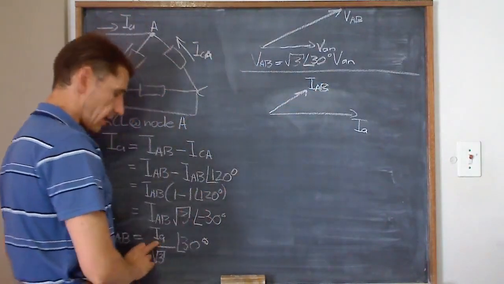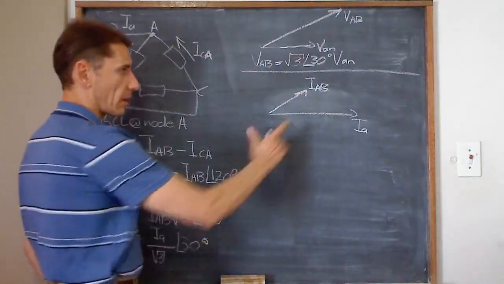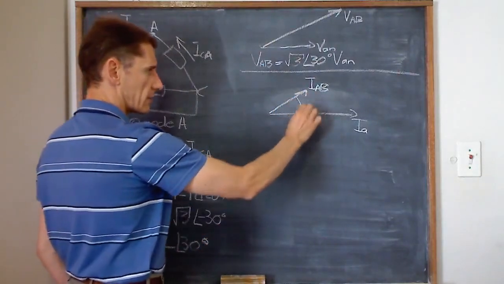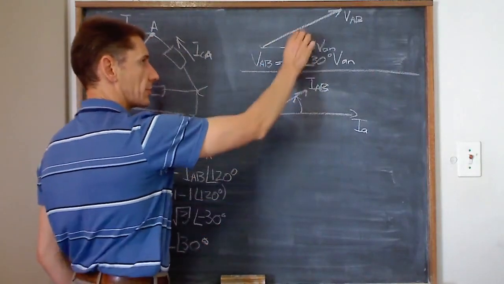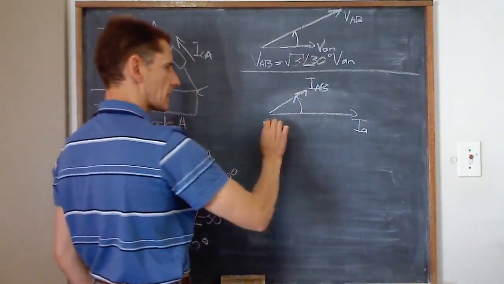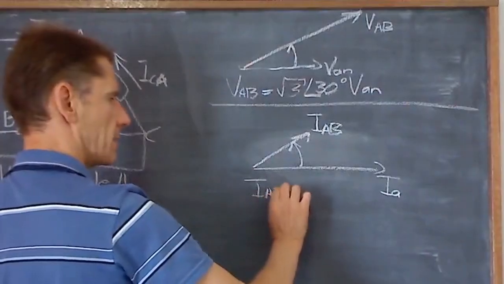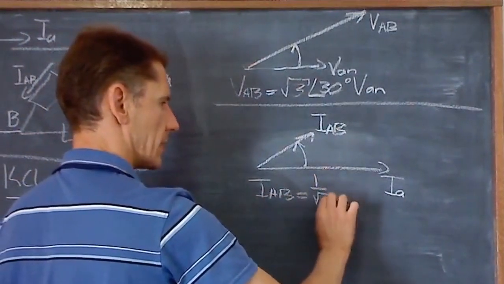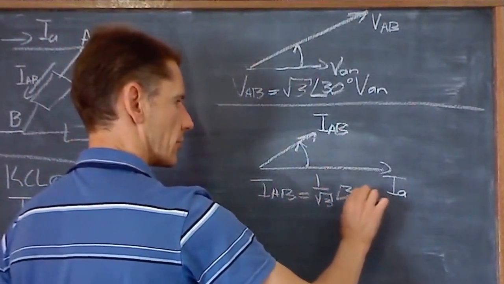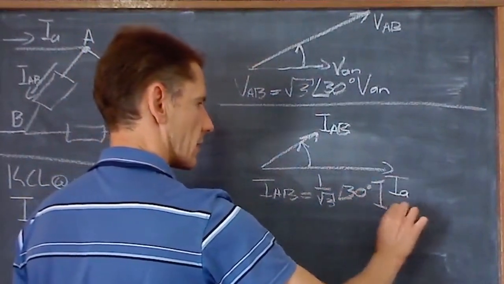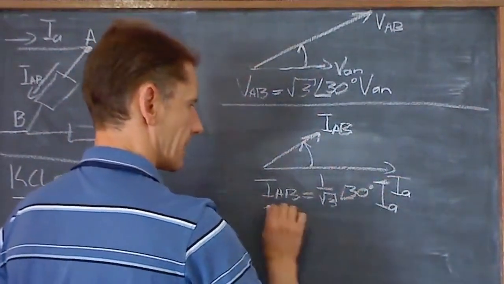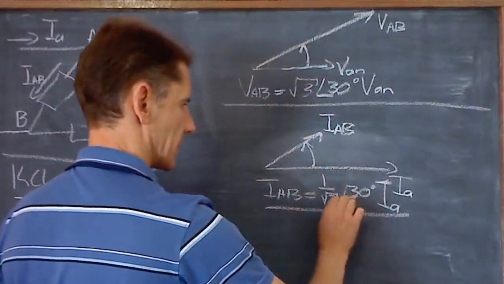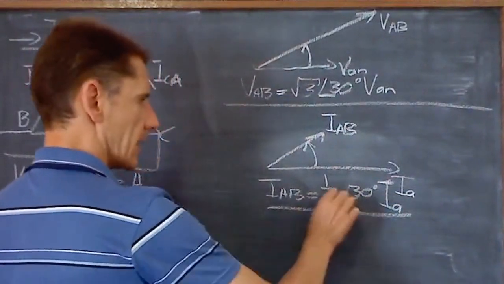I have to take IA divided by root 3, make it smaller, and still add 30 degrees to it. So in other words, IAB equals 1 over root 3 angle 30 degrees IA. Alright, sorry, root 3.